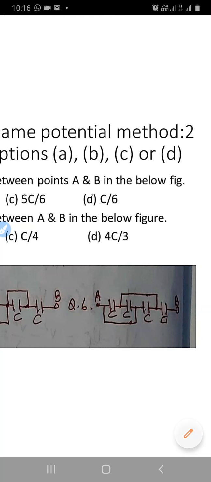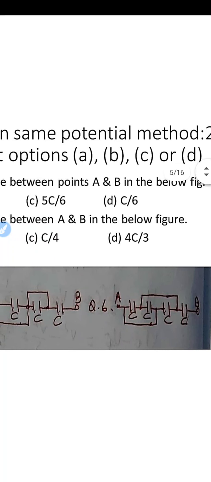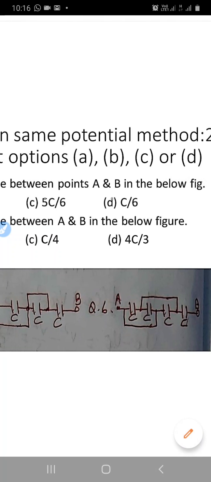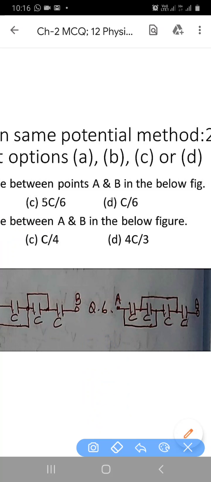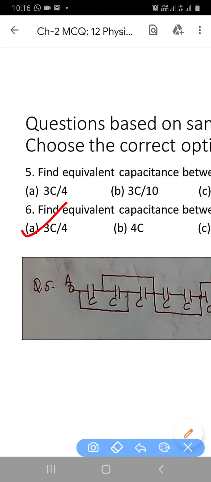Here you see C, C and C, this one, all connected in parallel, so 3C, and the last one C in series, so 3C by 4. So for this one, the same 3C by 4 is the correct answer.